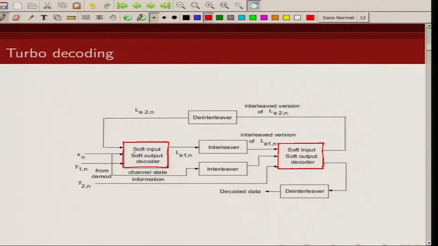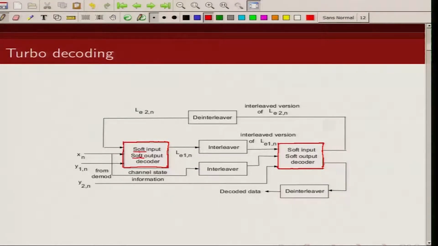So not only are we getting the decision of whether the bit is 0 or 1, but we are also getting information about how likely the bit is to be 0 or 1. That is why the input here is soft and the output is also soft, as opposed to a hard decoder where the output would have been just zeros and ones.